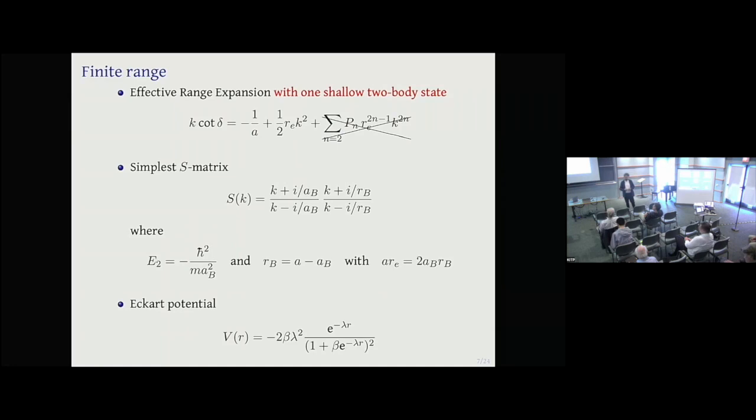So I'm not claiming this is the exact theory of helium-4. This is one sector of helium-4, the energies of the n-body states. But it's clear that there are other observables more sensitive to the short-range interaction which are not described with this scheme.